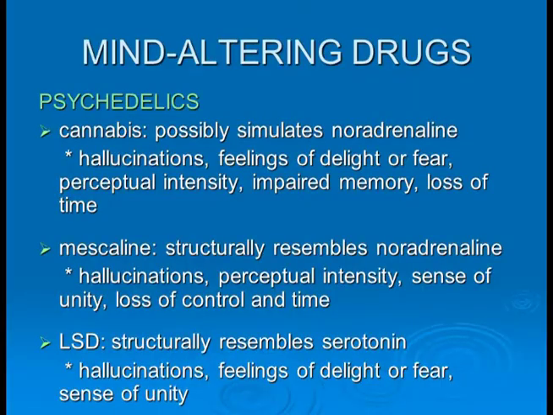Probably a more complex effect on brain chemistry happens as a result of these natural interactions. But there are similar kinds of effects as a result of taking this drug: hallucinations, feelings of delight or fear, perceptual intensity, impaired memory, and loss of time.